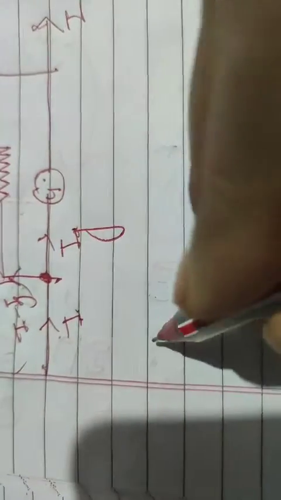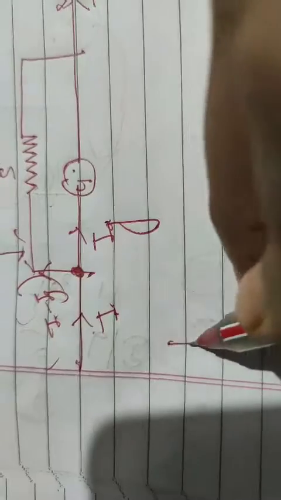If I is the current flowing, then at the point where the current divides, here is the current Ig and here I minus Ig, because the sum of these two should be I. Now your aim is to find the value of the resistance in the shunt.